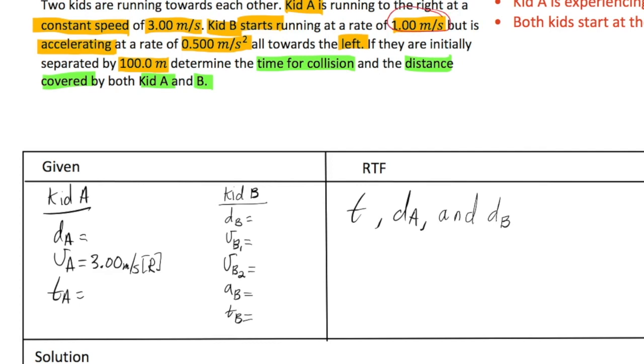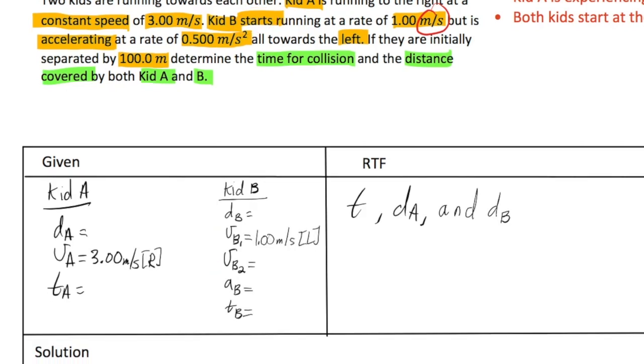Because we know it's a speed, or a velocity, I should say, because of the units, meters per second. So that is either VB1 or VB2. And the key word, starts. That makes it VB1, and it's to the left. Now, the next thing we know is the acceleration, which is 0.5 meters per second squared, also to the left.